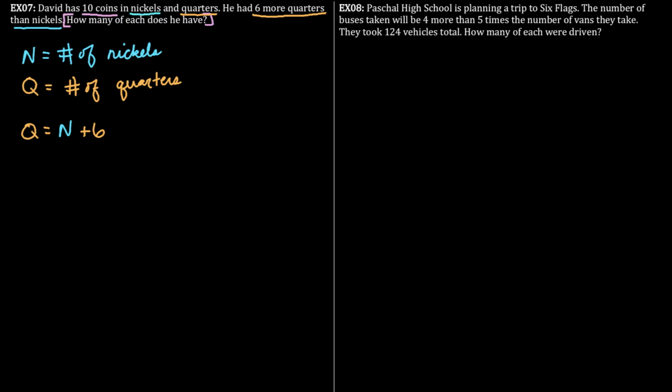So the number of nickels plus the number of quarters will give me a total of 10. So N plus Q equals 10, and the number of quarters equals N plus 6.